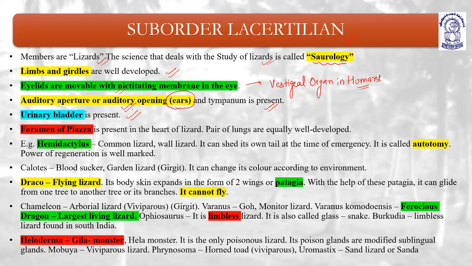Urinary bladder is also present, which was absent in the previous classes. Foramen of Panizza is present in the heart of the lizard. The pair of lungs are equally and well developed.